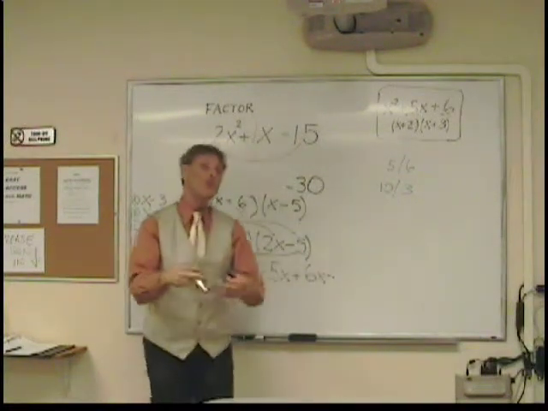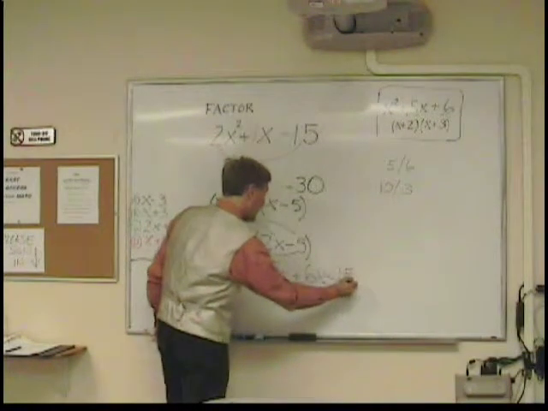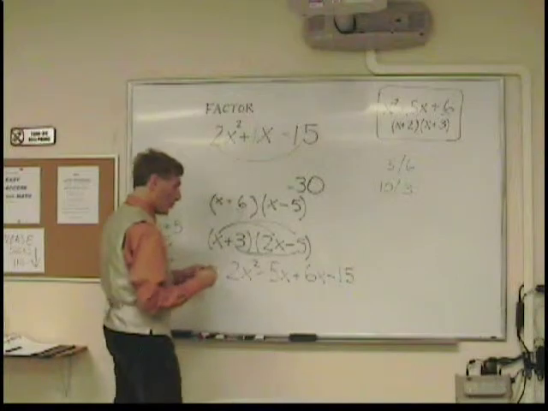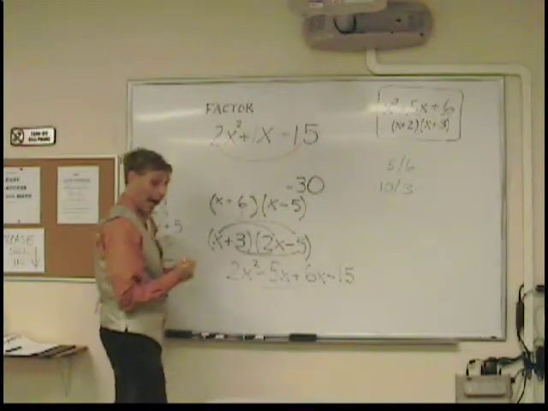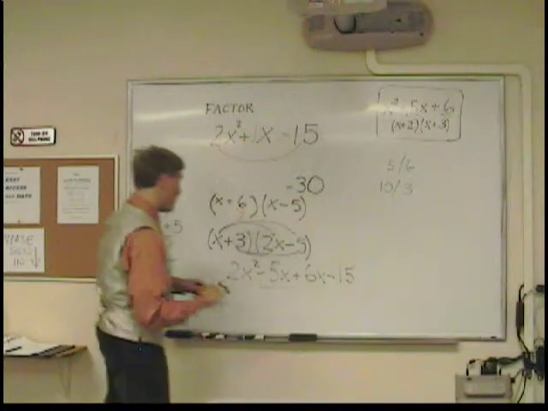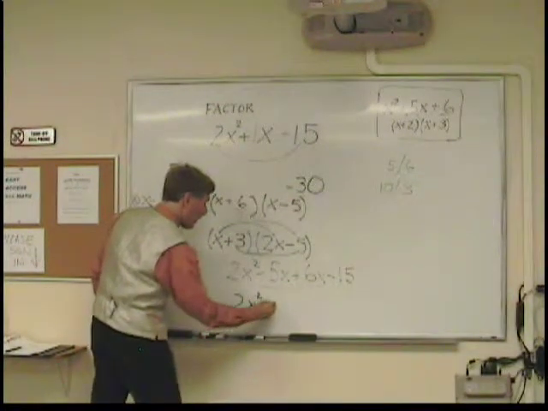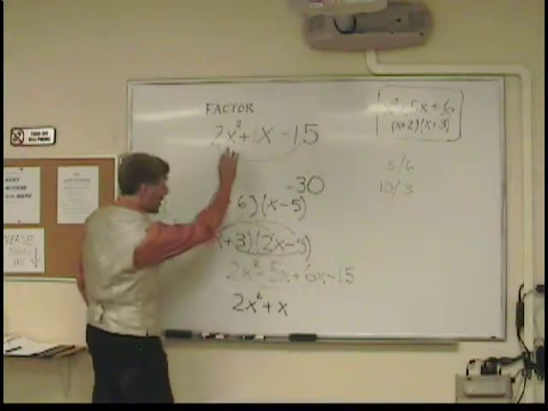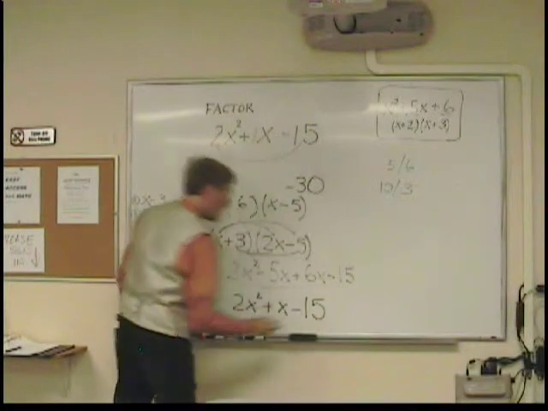So you could still use FOIL as a check. And there's my negative 15. When I combine the two like elements, the negative 5 and the positive 6, I end up with my original trinomial, 2x squared plus x plus 1x minus 15.